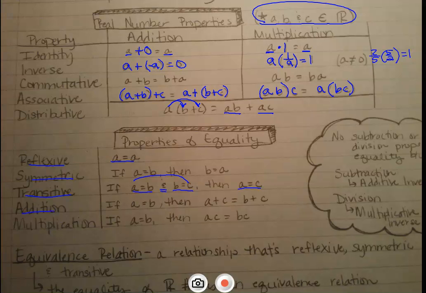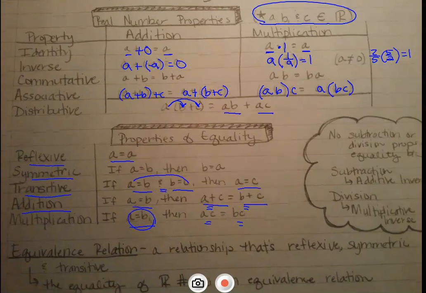The addition property of equality. So if A equals B, then A plus C is the same thing as B plus C. So we changed out the A for the B. And very similar to the multiplication property of equality. If, again, A equals B, then A times C is equal to B times C. That bridges back to because A equals B and we know it.